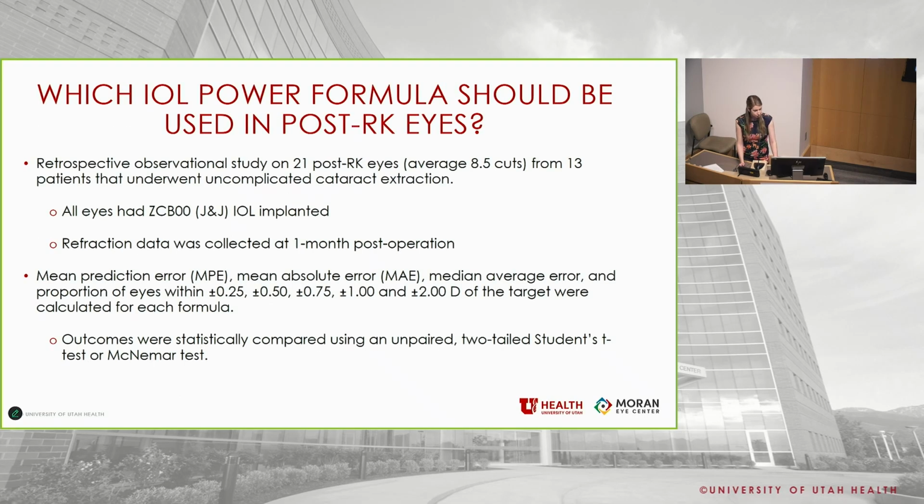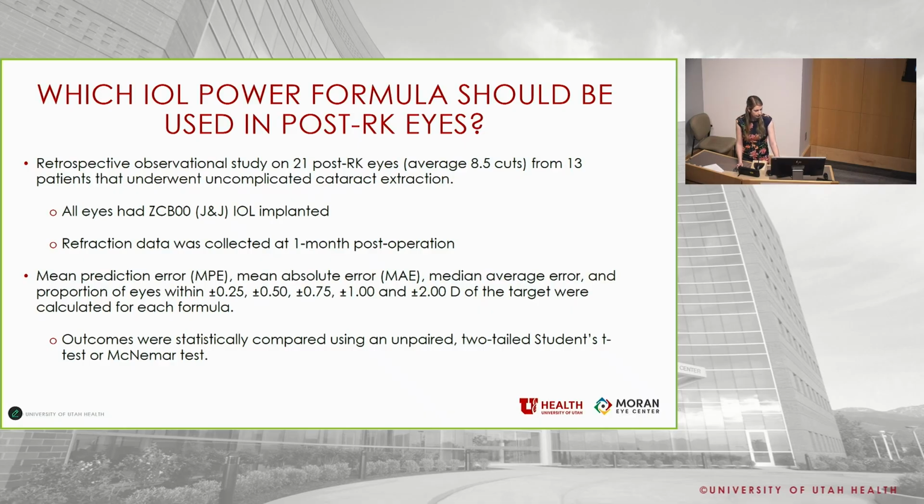All right, so this is finally going into the research that I did with Dr. Savage. So which formula should be used for these patients? We did a retrospective observational study on 21 post-RK eyes, and the average was 8.5 cuts, from 13 patients, and they underwent uncomplicated cataract surgery. All of them had ZCBU IOLs implanted, and the refraction data was collected a month after their surgery.